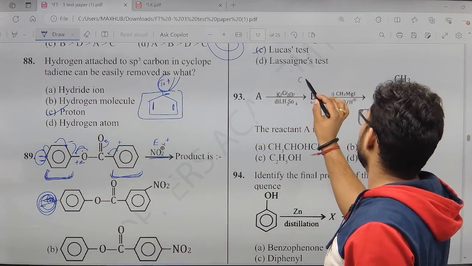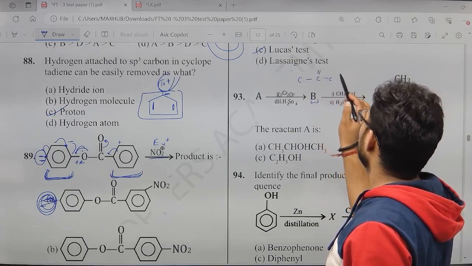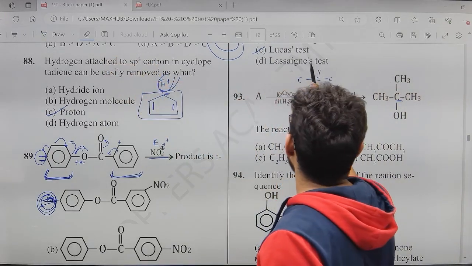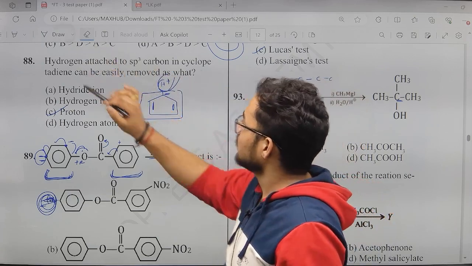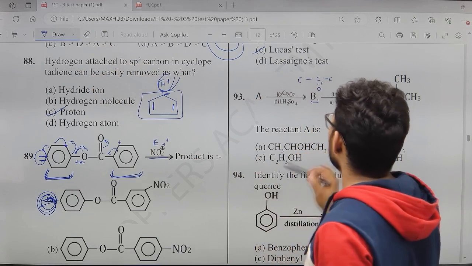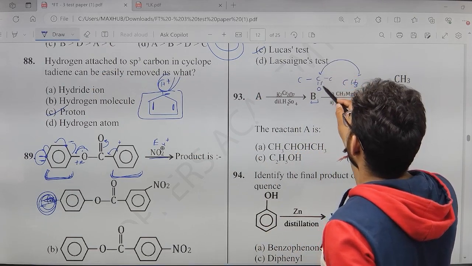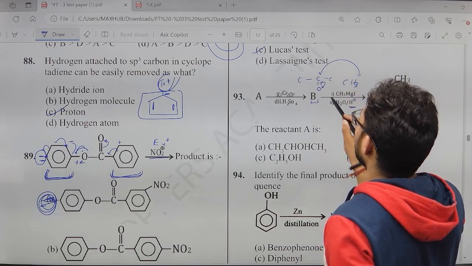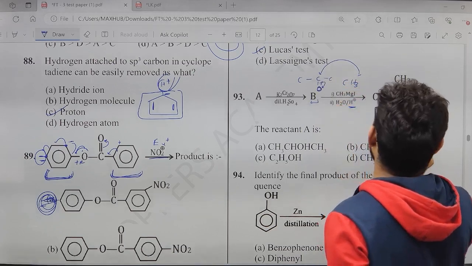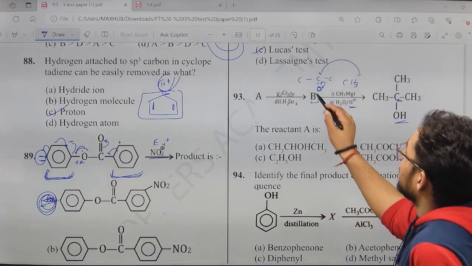Obviously it will be like this, so that your CH3 minus will attack here, and after hydrolysis this O minus will have OH. So B is acetone.